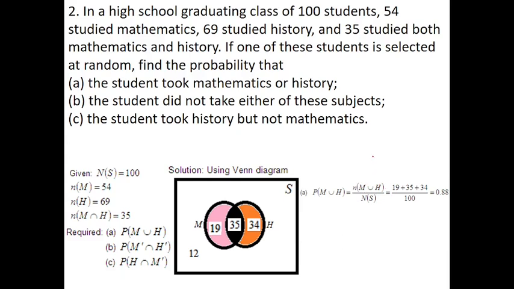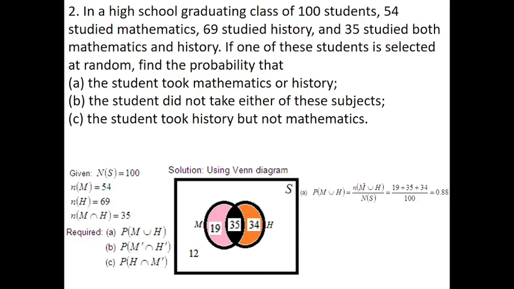Yung formula. Kunin natin kung ilan yung outcomes dun sa ating union ng dalawang events, M and H. I-divide natin sa bilang ng mga possible outcomes sa sample space.